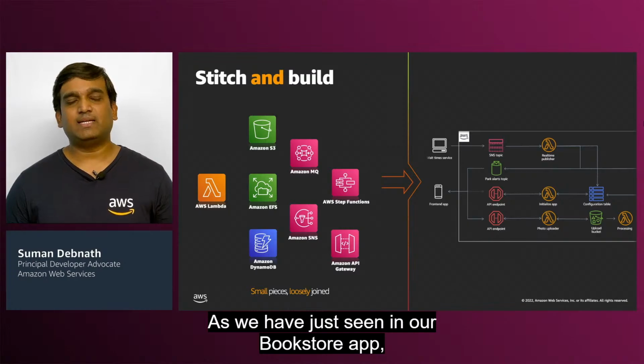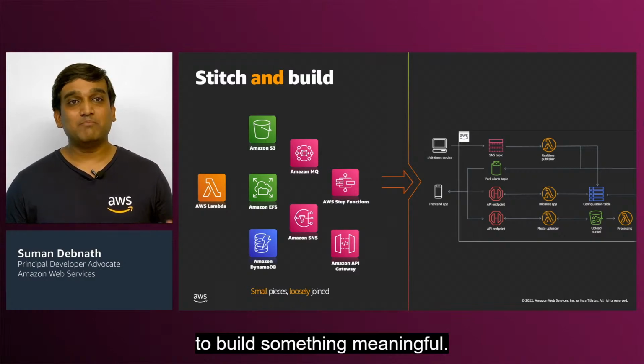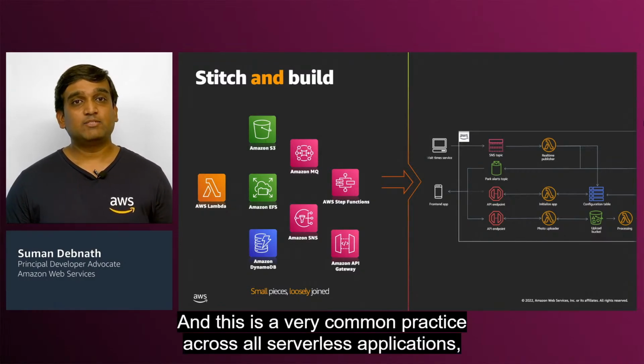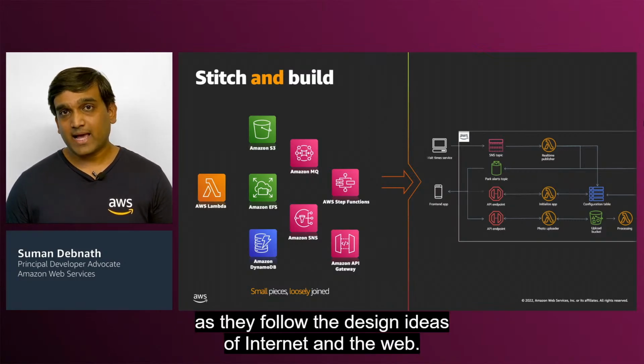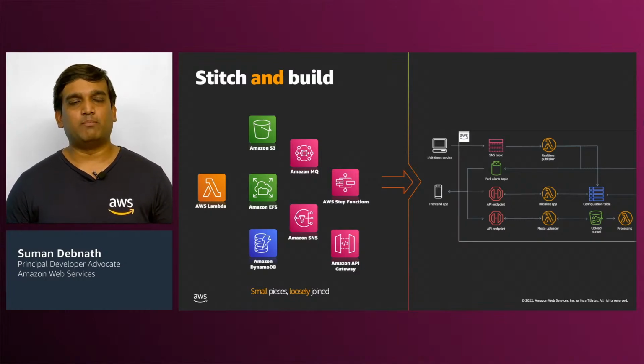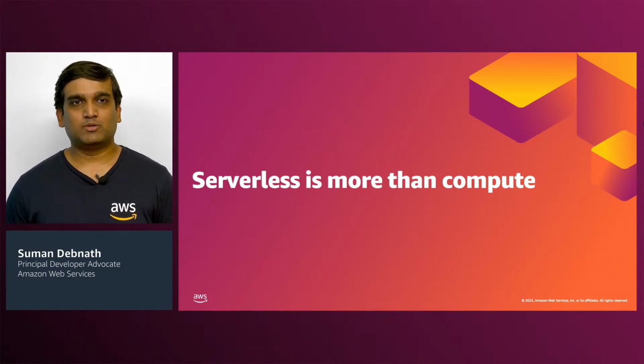As we have just seen in our bookstore app, we used different services which are stitched together to build something meaningful. And this is a very common practice across all serverless applications, as they follow the design ideas of the internet and the web. Before we wrap up, we need to remember that serverless is more than just compute.